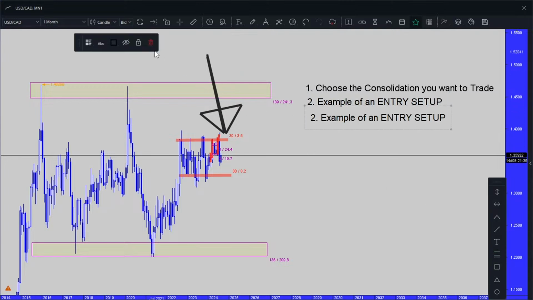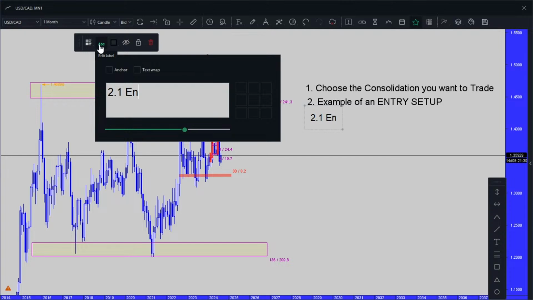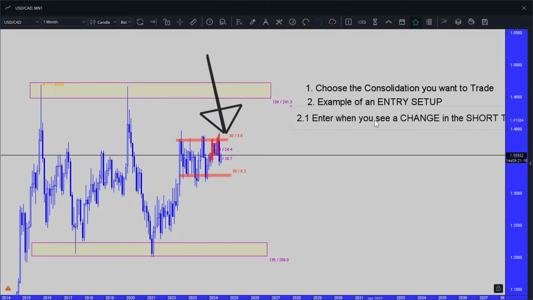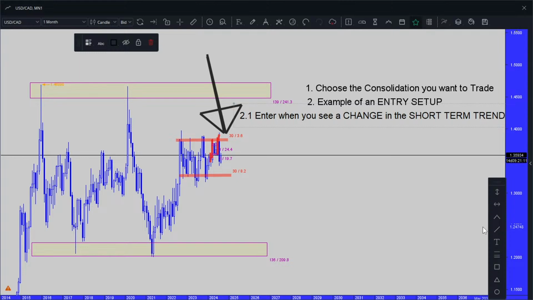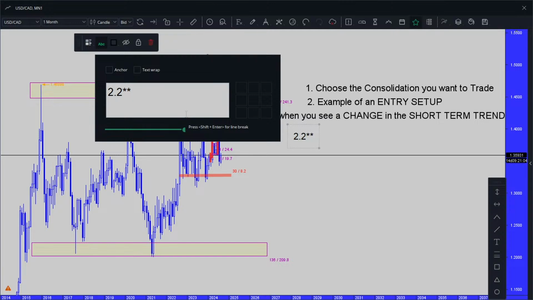So 2.1, everybody, enter when you see a change in the short-term trend. All right, enter when you see a change in the short-term trend. 2.2, star star.